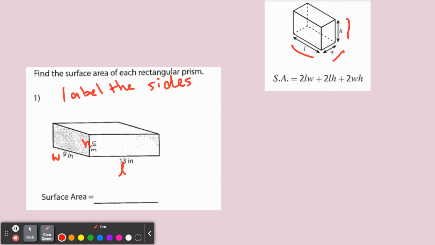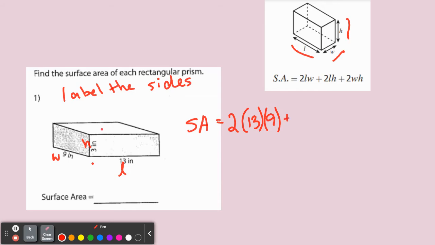So our surface area equals 2 times the length times the width. So the length is 13 and the width is 9, so we're going to substitute those into our formula. So L is 13 times the width, which is 9. So that will take care of the top and the bottom.